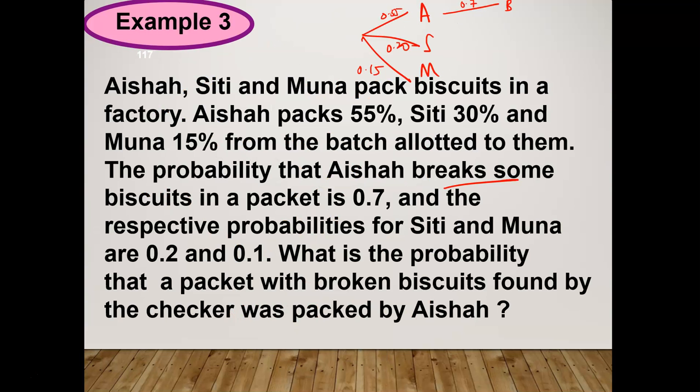So what is the probability that a pack with broken biscuit found by the checker was packed by Aisha? It is the reverse way. The situation is they pack the biscuit and they break some biscuit, but they are asking you to find the probability starting with the broken biscuit found by the checker. It's the reverse way.